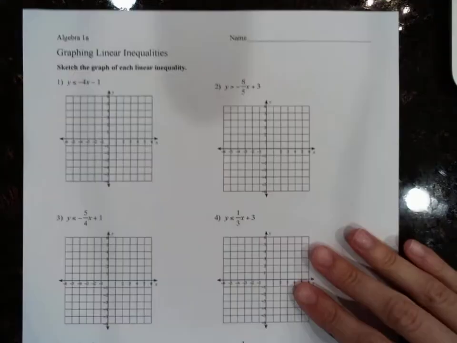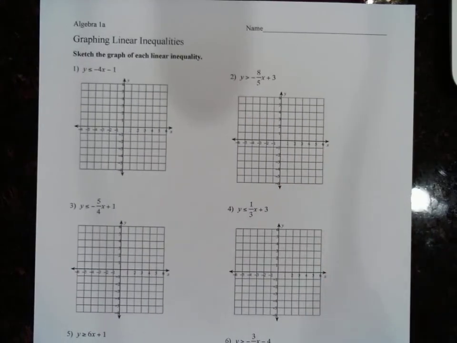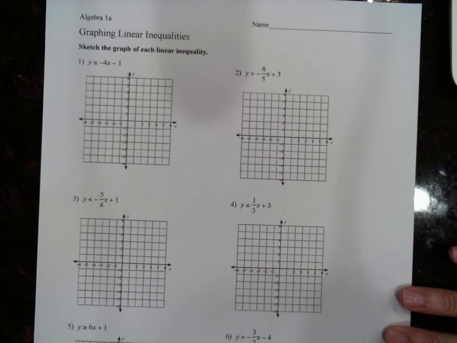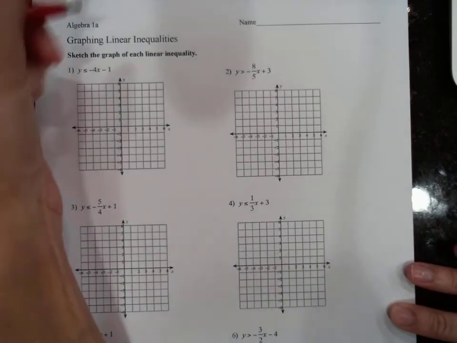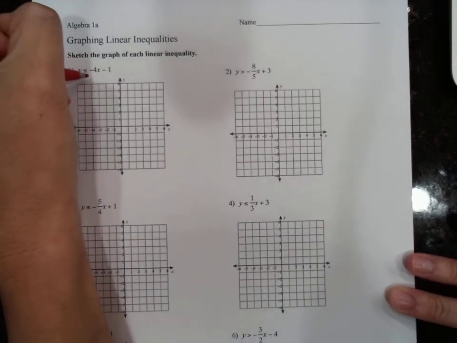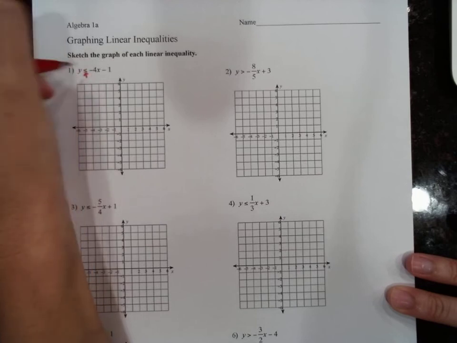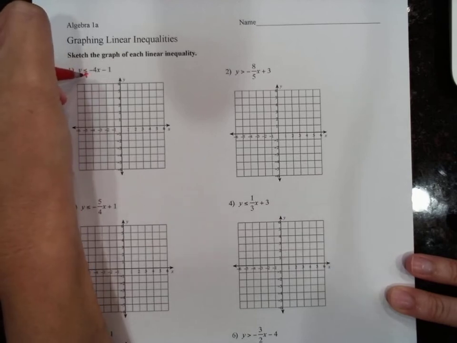Let's go ahead and do one more on your graphing linear inequalities assignment. So first we're going to determine if it is a solid or dashed line and where to shade, because that's step 1 in our notes. So looking at our inequality, y is less than or equal to.